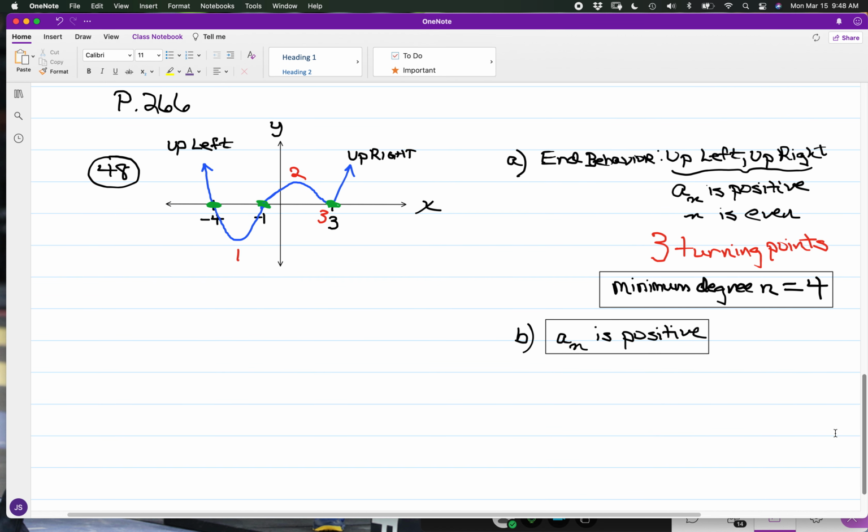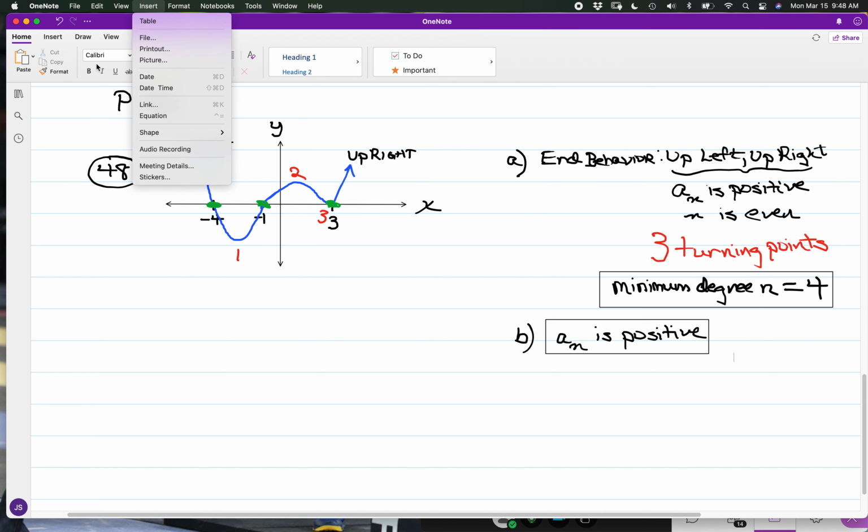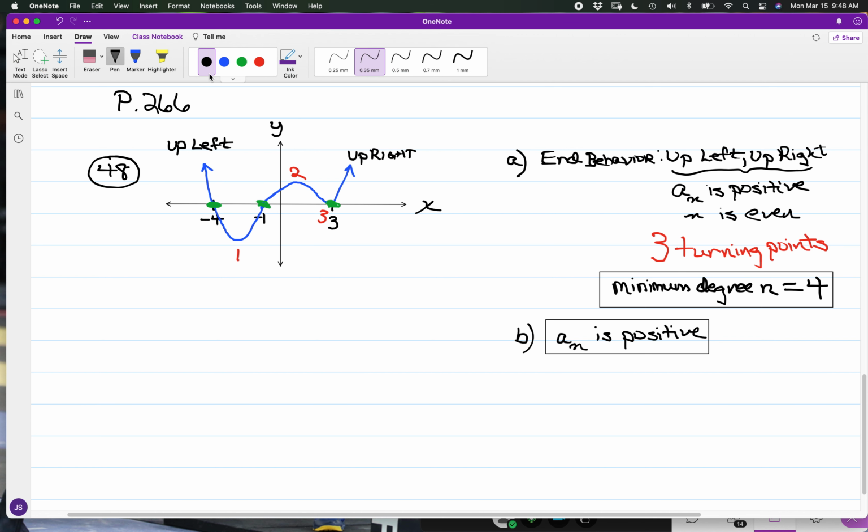Now, in determining the nature of the multiplicities of the zeros, just looking at what we have here, we have our zeros, where they cross and touch the x-axis.